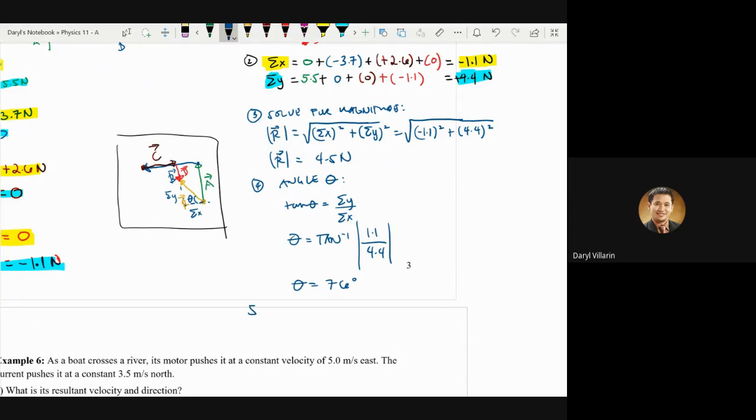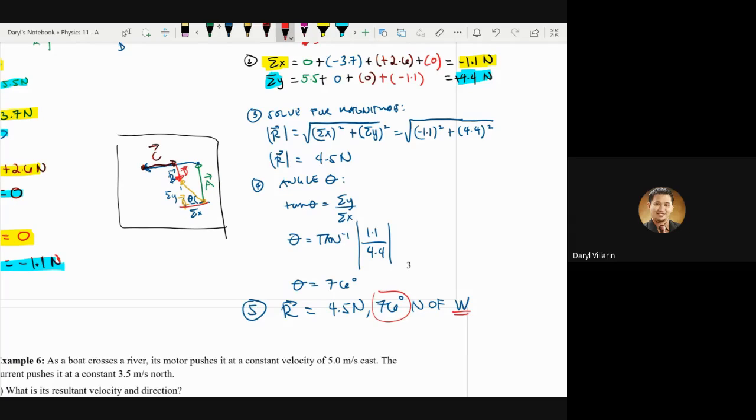So finally, the final step is writing your vector r, or the resultant vector. That would be the magnitude, 4.5 newtons, and then 76 degrees. In my case, I use the west as my reference, so therefore, north of west. Again, this 76 degrees is measured from west.